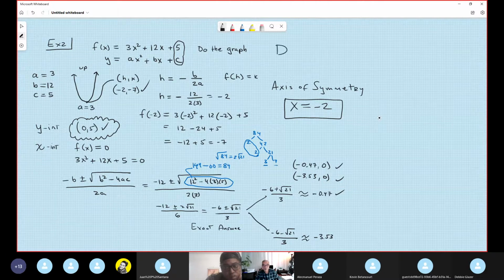Domain is all real numbers. Range, no. Range is from -7, of course touching, bracket, comma infinity. Clear?